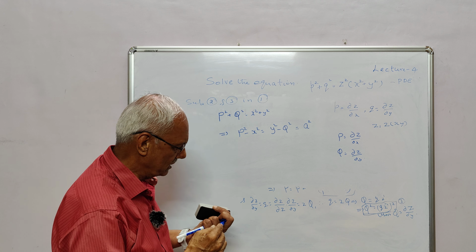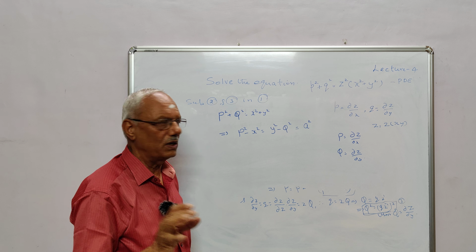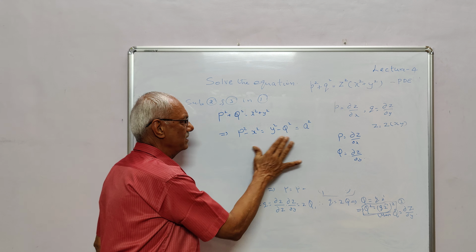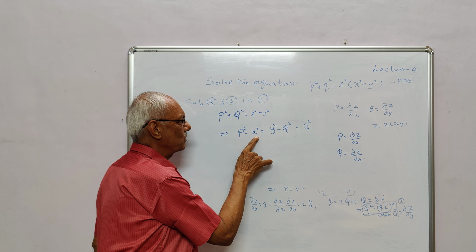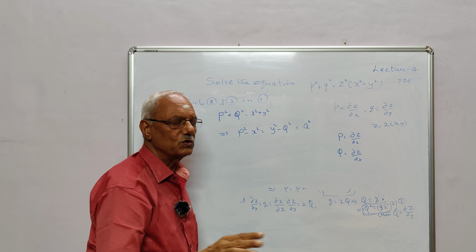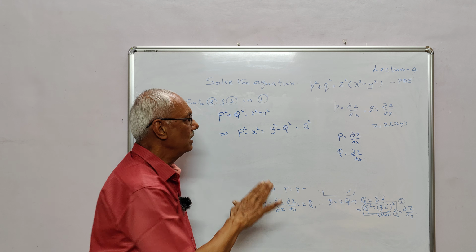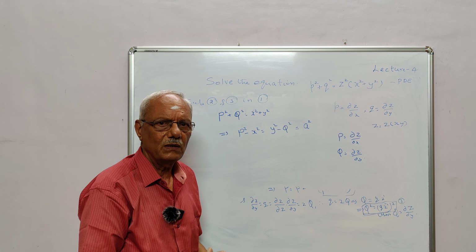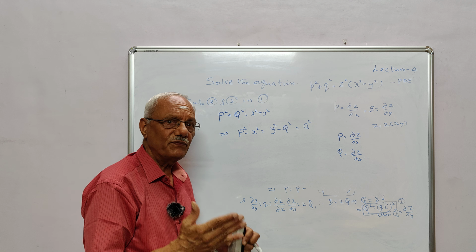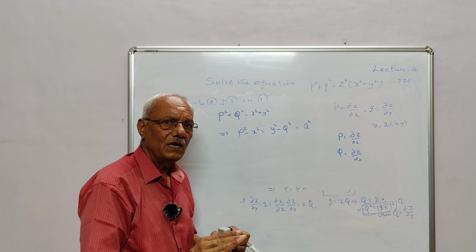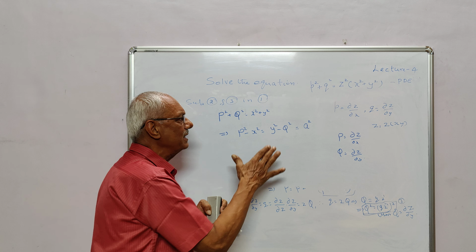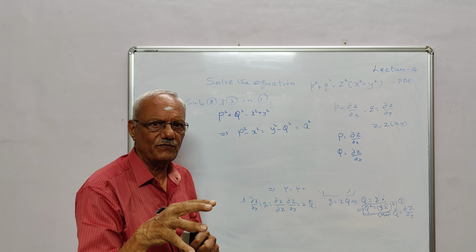I will repeat this because this place is very, very important to understand. These two factors, P square minus X square and Y square minus Q square, are equal, but they are independent of each other. If such a situation comes, this simply tells us that each is equal to a common factor.